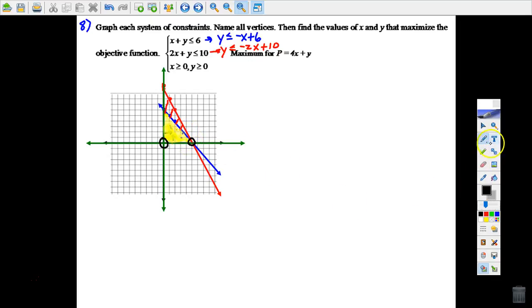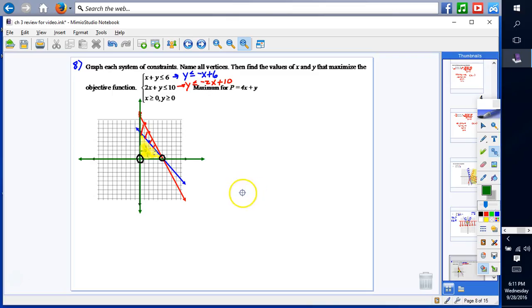Maybe it's the blue line. Yeah, I'm just noticing it's kind of tough for me, on these small graph sections with this board, I'm realizing I didn't do a very good job with my blue line. It really should be crossing out here at 6.